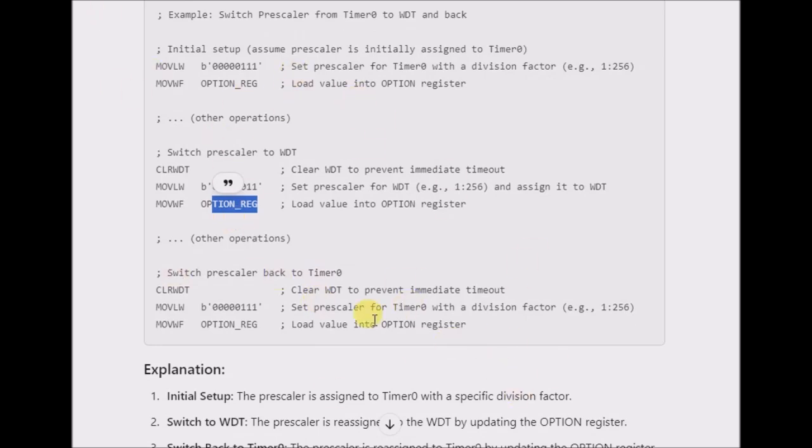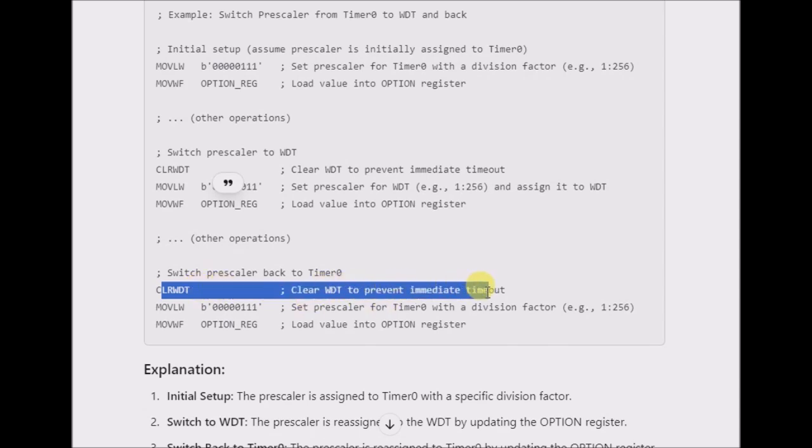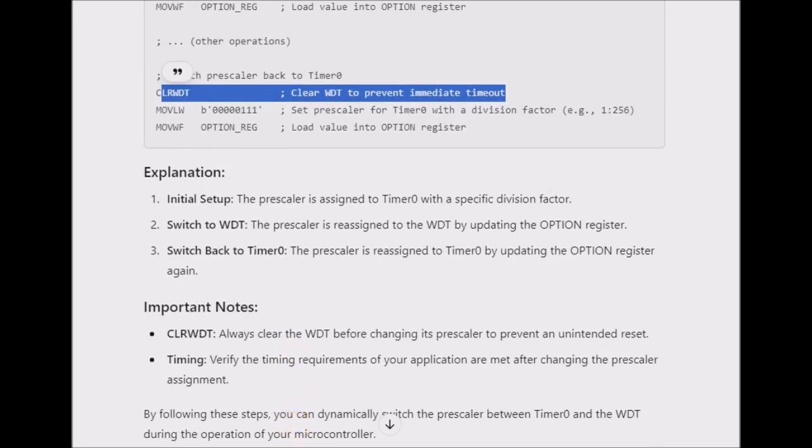That's another question. Switch prescaler back to the timer. Clear watchdog timer. Clear WDT to prevent immediate timeout. MOVLW. Set prescaler for Timer0 with a division factor. Load value into option register.